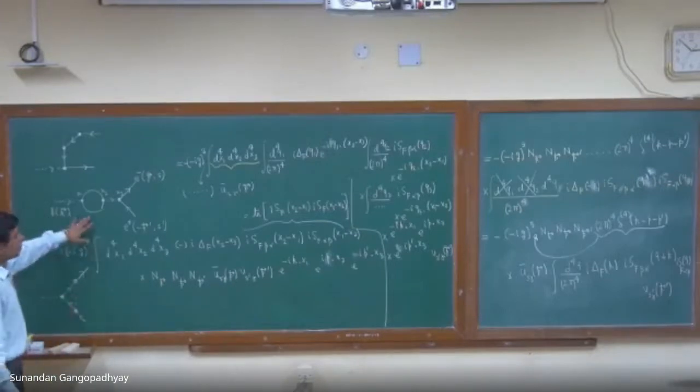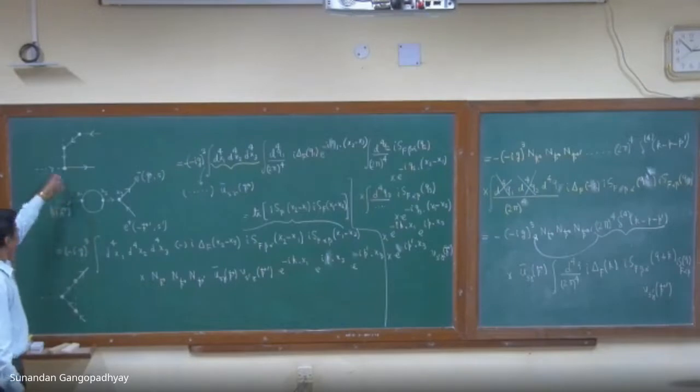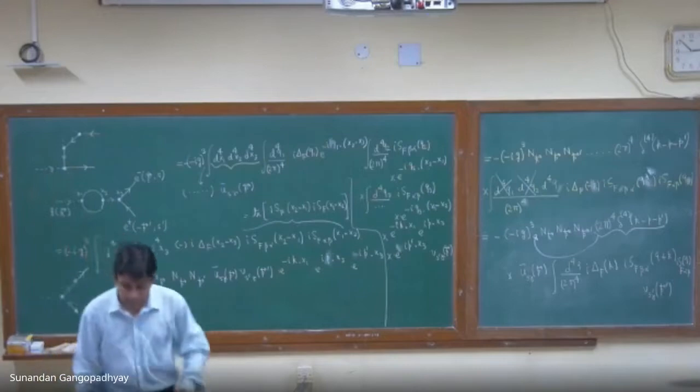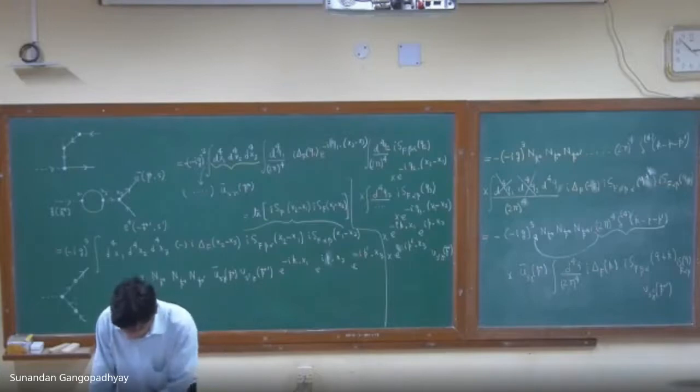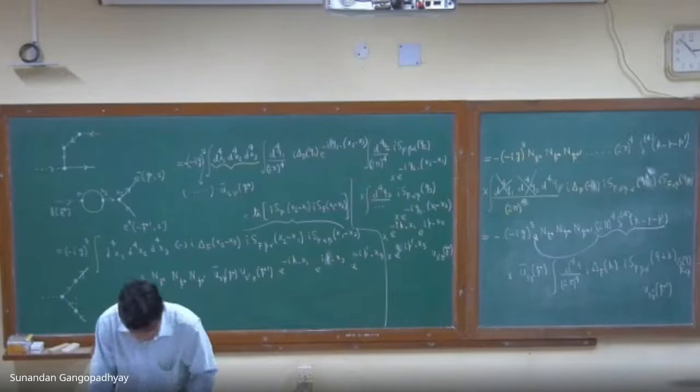We have calculated this today. You can calculate this one and the other one. So that gives you 4 diagrams. There is one disconnected diagram which you can just leave, which is not important. I think that these are the only diagrams that you have. There are no more. That completes the full set.